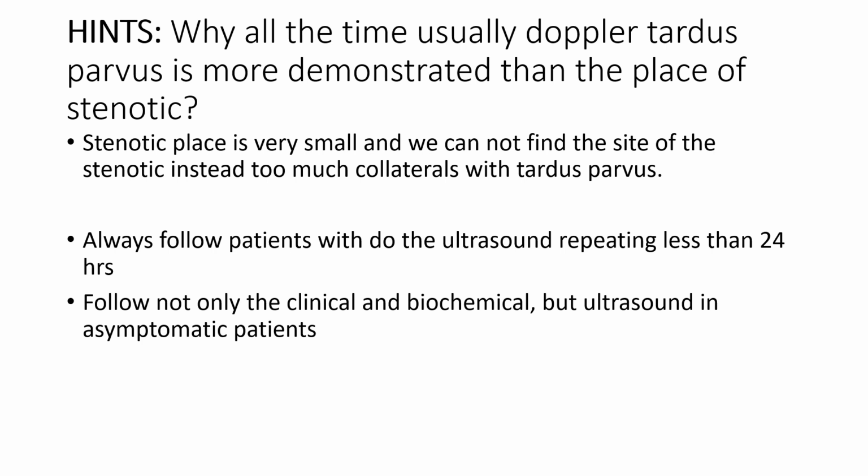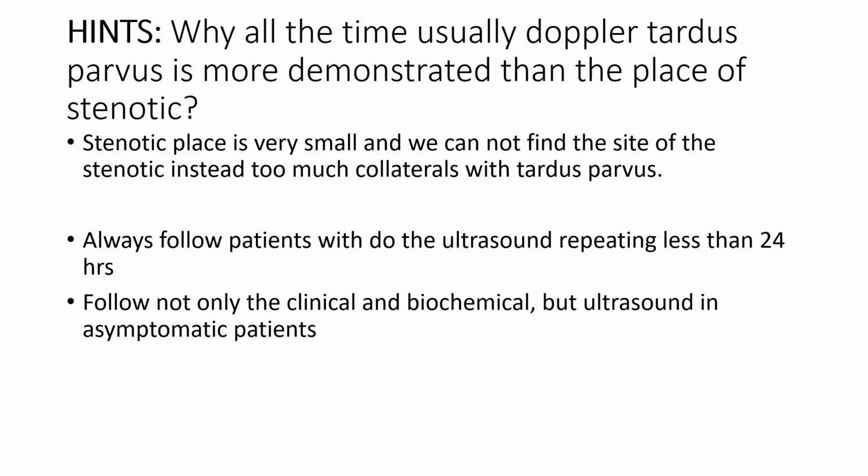Why all the time do we speak about the tardus parvus? Because we know that the point of stenosis is very small, and because of the gas and edema, we can't find the point of stenosis, but we can check after the stenosis, the tardus parvus effect.